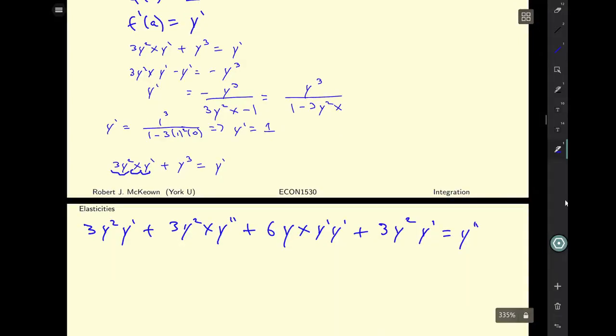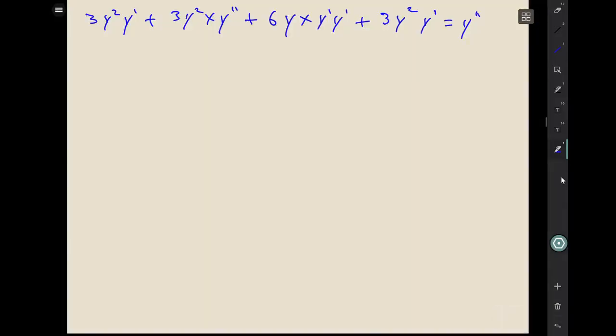That's a lot. Now let's go ahead and solve for y double prime, the second derivative of y with respect to x. And I want to collect those like terms together.